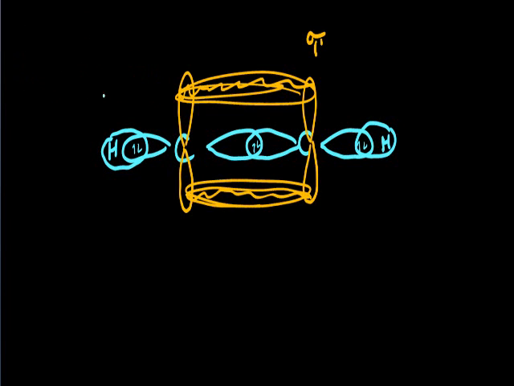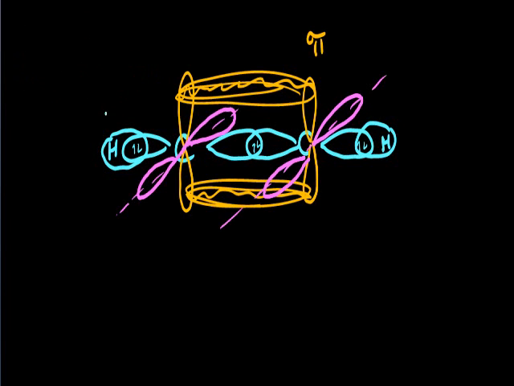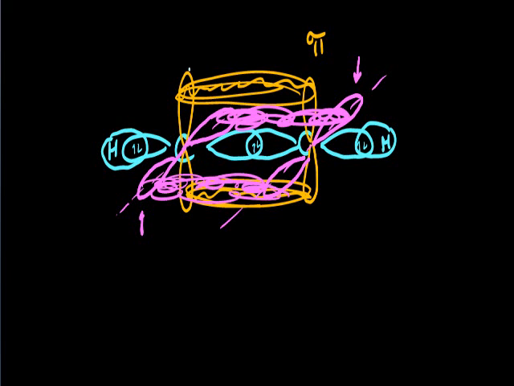This would be one pi bond. The other unhybridized p orbital is at 90 degrees to the first p orbital, and we get an overlap out here, and we form a second pi bond, and that would be our structure for a triple bonded molecule with one sigma bond in the center and then two pi bonds surrounding that bond axis.